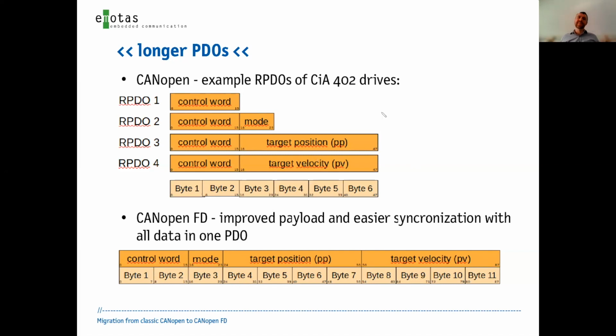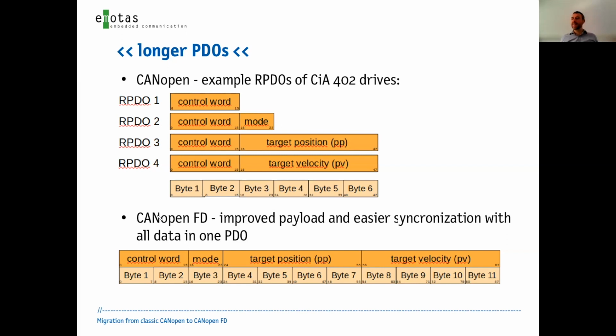If you want to send them in classical CANopen PDOs, you have to use multiple PDOs. But with CANopenFD, you can use all 64 bytes of the CANFD frame, and you can put multiple signals, or objects in CANopen terms, into one PDO and send them.